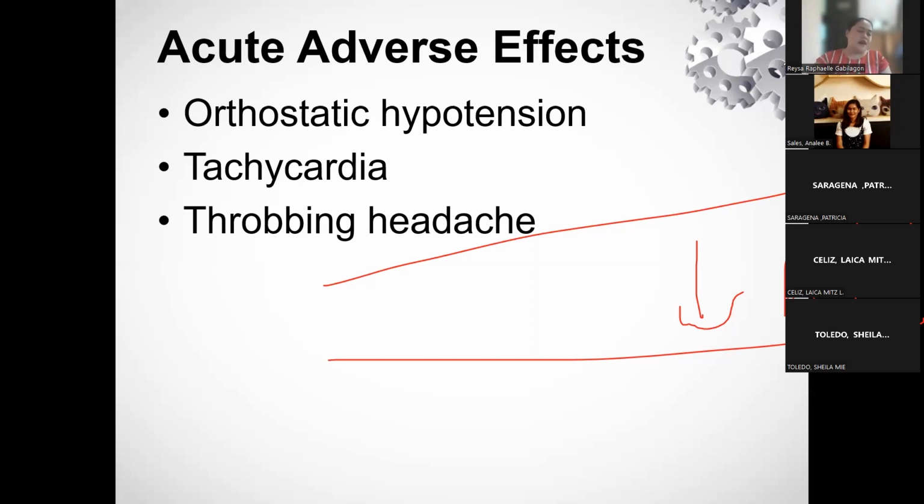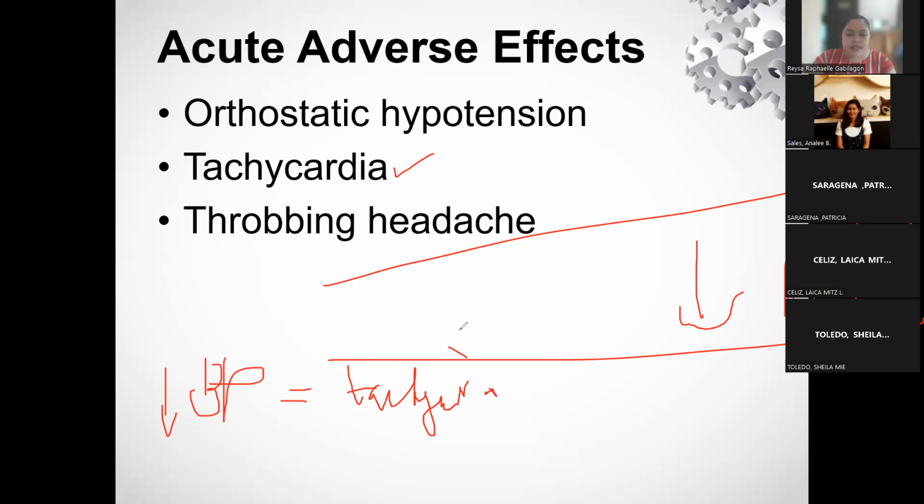There will be a sudden drop in the blood pressure and you may experience fainting. And then there will be tachycardia. Class, they are partners. That's our body's mechanism. So when your BP goes down, automatically, the patient may experience tachycardia.